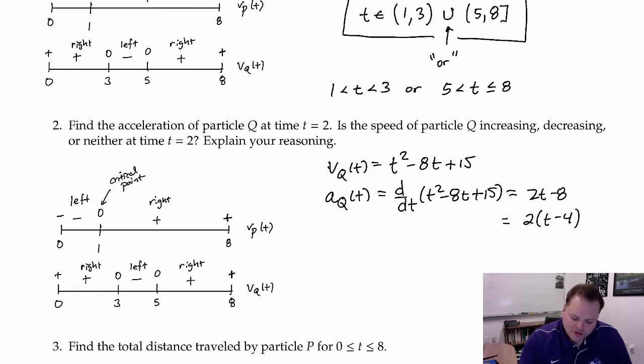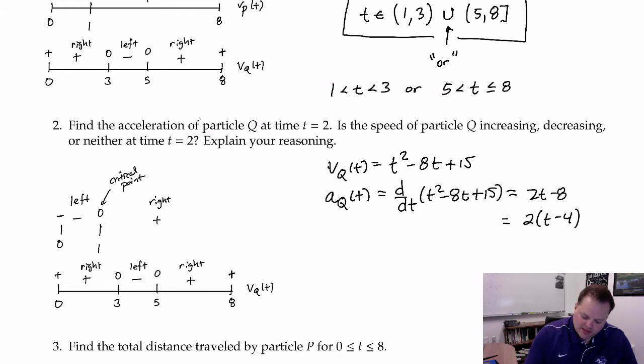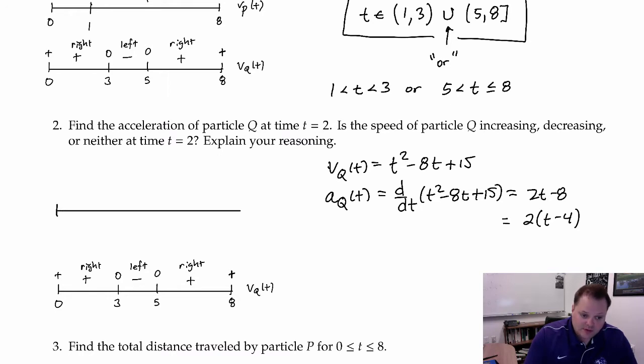Now, I'm only interested in q, so I'm going to go ahead and erase the timeline for p. And I'm going to create a different timeline for q, but I'm going to list acceleration rather than listing velocity. All right, so we've got our interval from 0 to 8. I'm going to look at the acceleration signs. We know that acceleration would be equal to 0 when t is equal to 4.